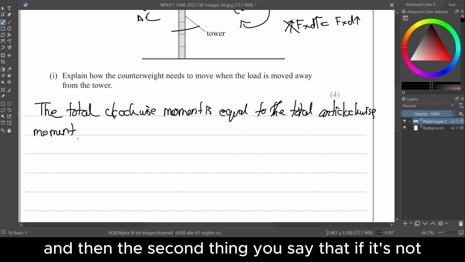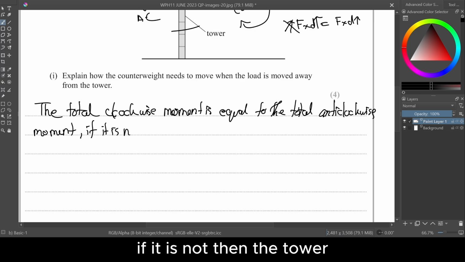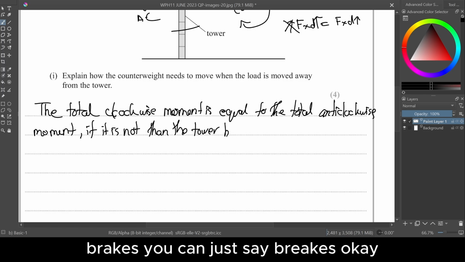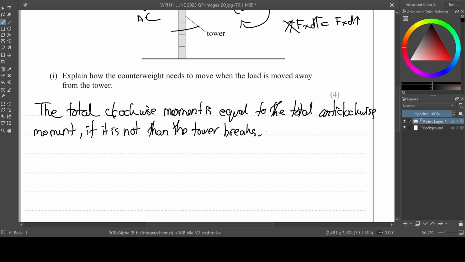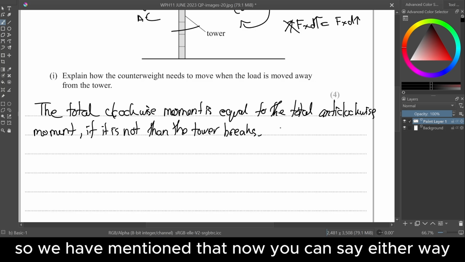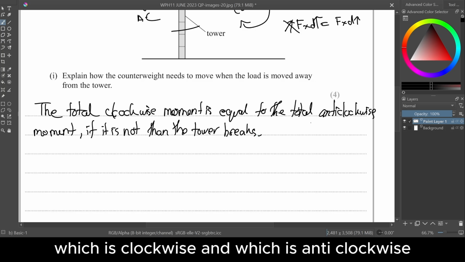And then the second thing, you say that if it is not, then the tower breaks. You can just say breaks. Okay, so we have mentioned that. Now you can say either way which is clockwise and which is anti-clockwise.